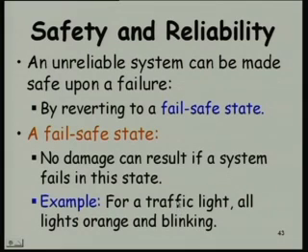Traffic will become a standstill. But if there is a safe state like orange and blinking, people know that it is not working, they proceed with their discretion. We will use these terms: fail safe state, safety criticality, safety and reliability. I hope these terms are clear.